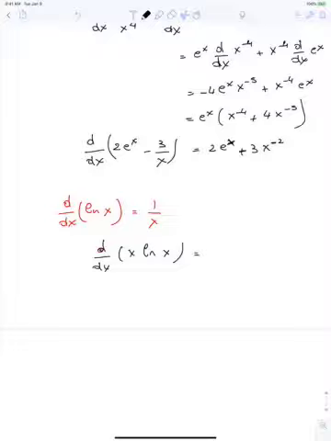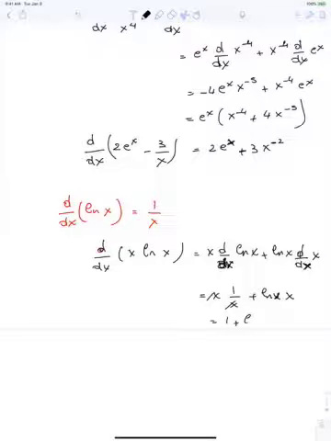Well, this is x times the derivative of the log of x plus the log of x times the derivative of x. Well, this one here is x times 1 divided by x plus log of x.